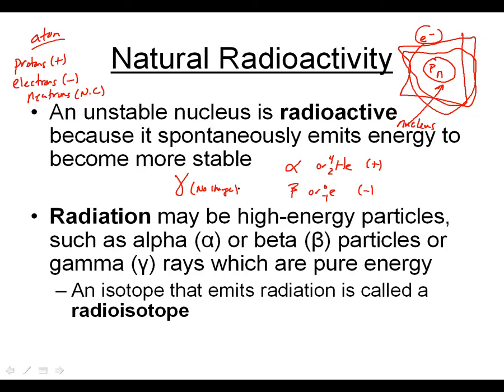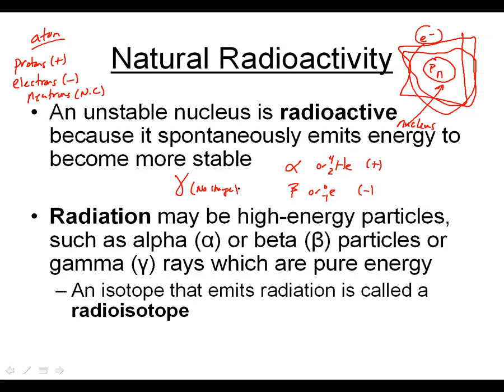And you could almost equate each of these to the subatomic particles that we find in an atom. So our alpha particles are positively charged, our beta particles are negatively charged electrons, and our gamma rays, sort of pure energy, no charge. So when an isotope emits radiation, it's sometimes referred to as a radioisotope.